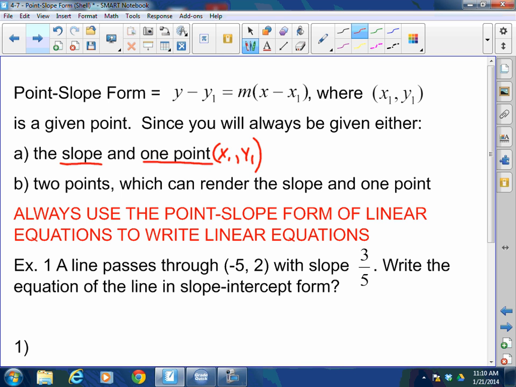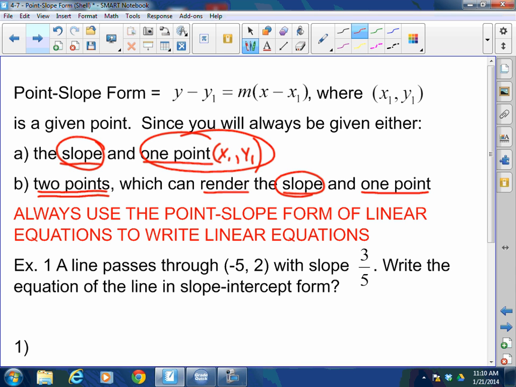You're either going to be given a slope and 1 point, which is your x1, y1, or you're going to be given 2 points. If you're given 2 points, that can give you the slope. And either one of the points that was given could be your x1, y1. Those are the two categories that you're going to have to work with.